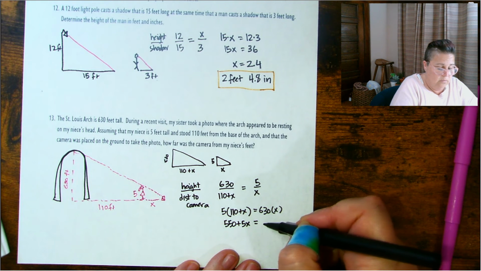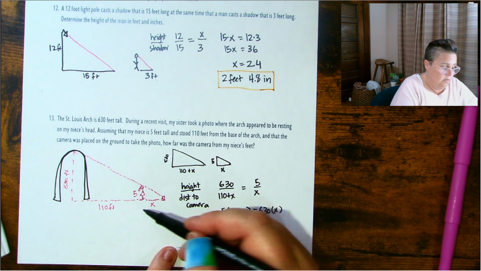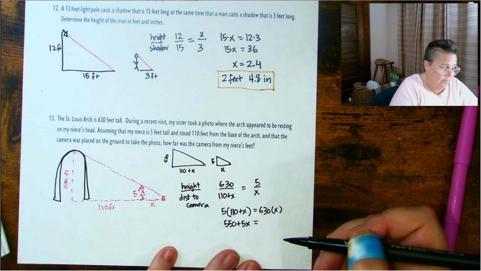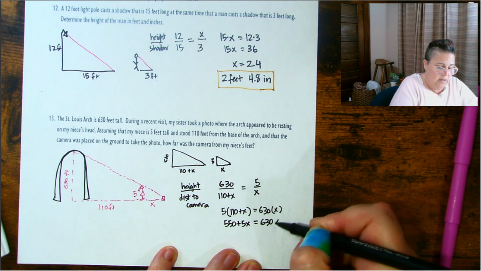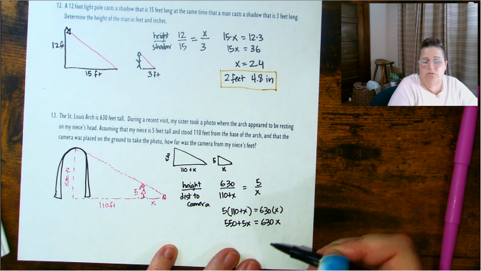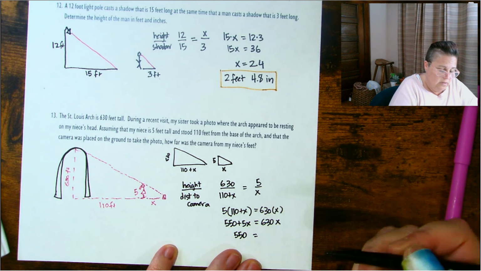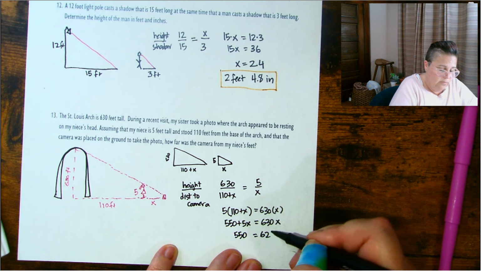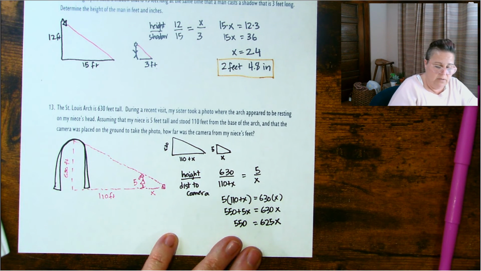Wow, I feel like something's wrong. Nope, we're right. So I'm going to subtract 5x from both sides. 550 is equal to 625x. See why I don't like this.